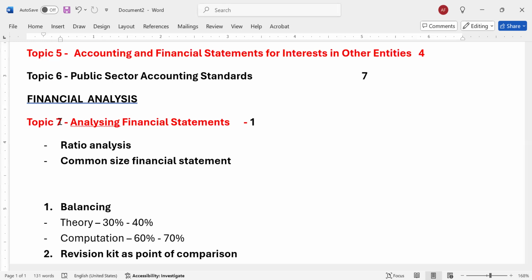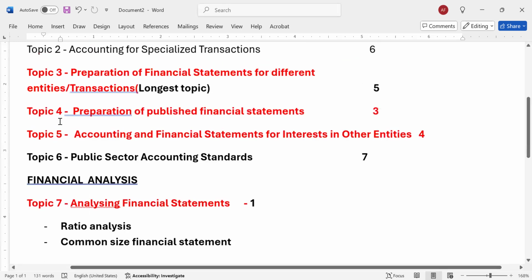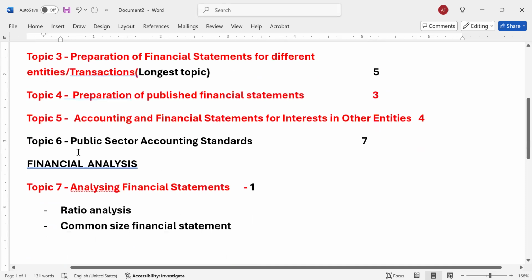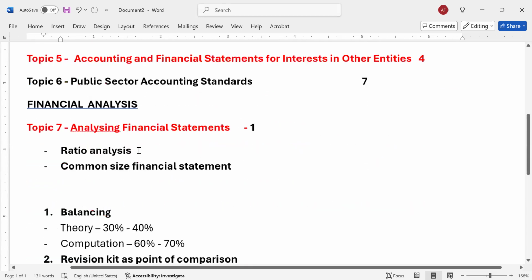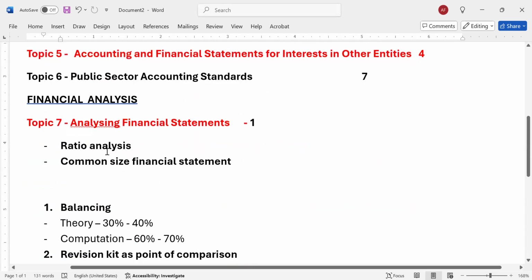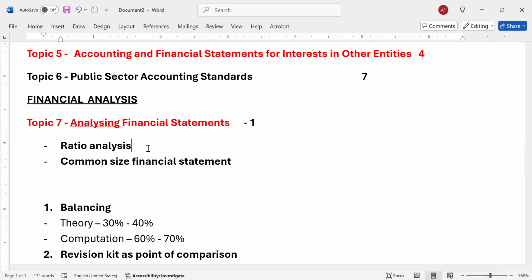Mwalimu is going to share the notes for topic number 6, which is public sector, as you are starting the semester. I'm also going to share some parts of ratio analysis, the updated part. Remember, there are some additional ratios which you should be very familiar with. Initially they were not there, but currently they are. I'll also share the notes for ratio analysis. You should be updated with the same.